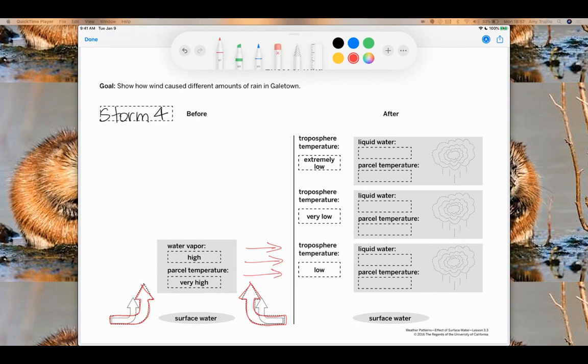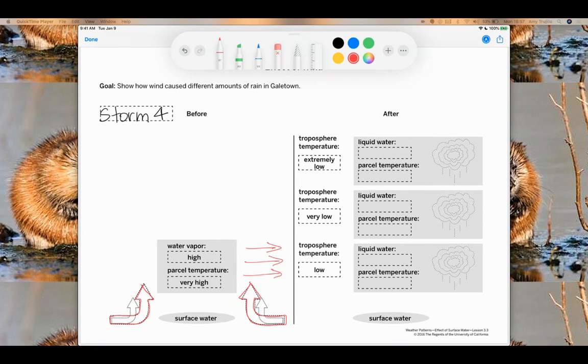So I used 3 arrows there, and you're thinking to yourself, Miss Trujillo, why did you use 3 arrows in Storm 3 and Storm 4? Because in our data, we know that it was very high. So the temperature before the storm was very high for both of them. Remember that the difference in Storm 3 from 4 was the amount of wind.